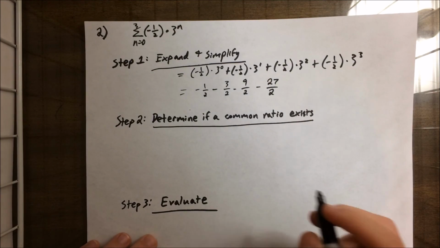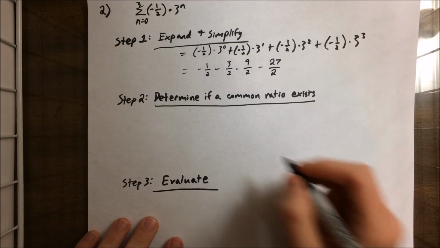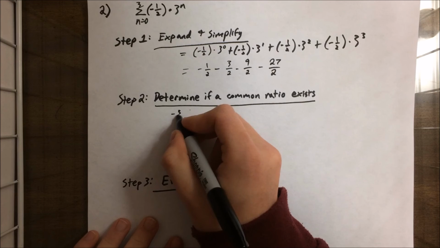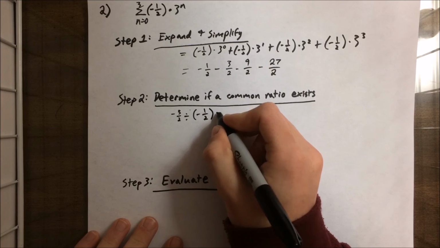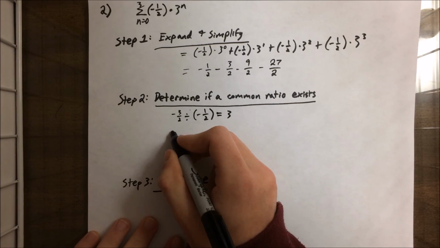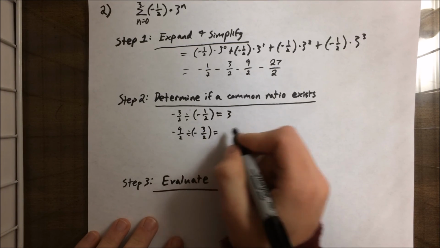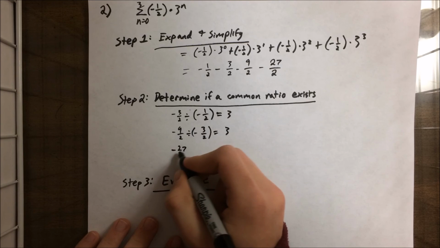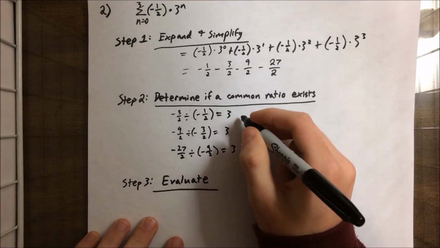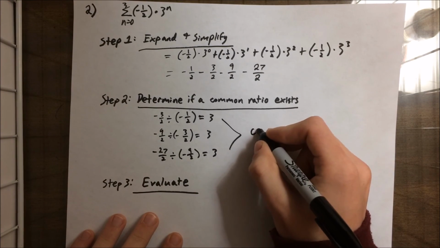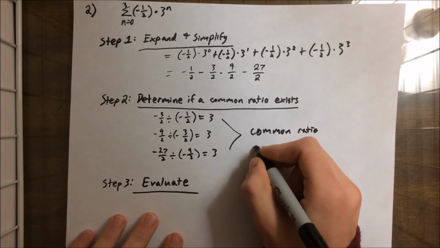Okay. And then step 2 is to determine if a common ratio exists. So let's take -3/2 divided by -1/2, and you get 3. -9/2 divided by -3/2, you get 3. And then -27/2 divided by -9/2 is also 3. So therefore, the common ratio exists, and it is 3.